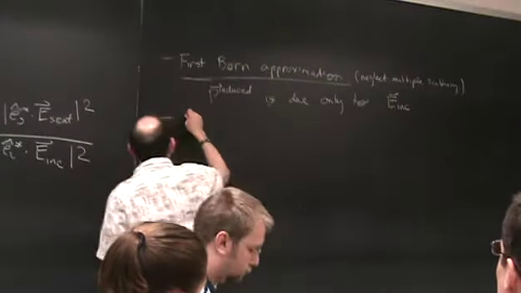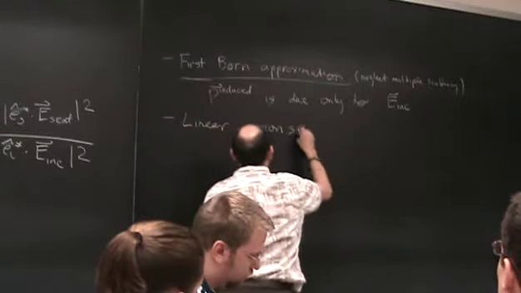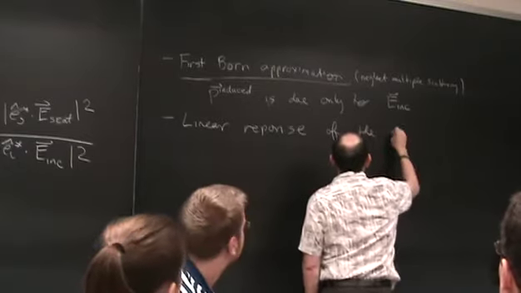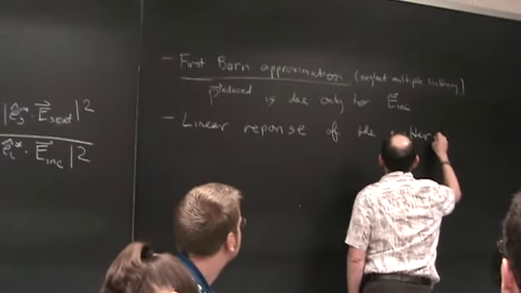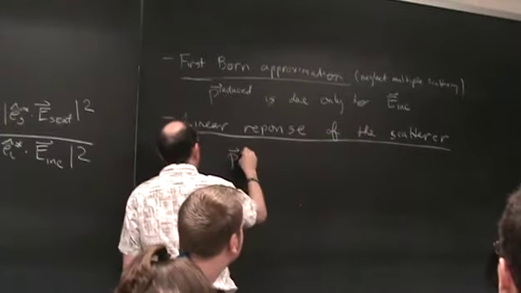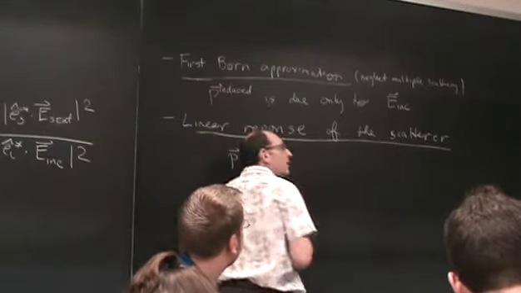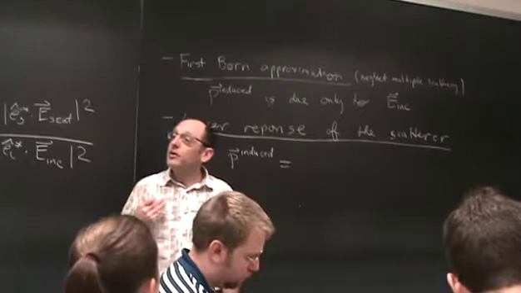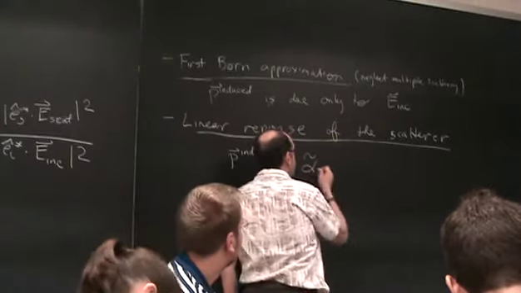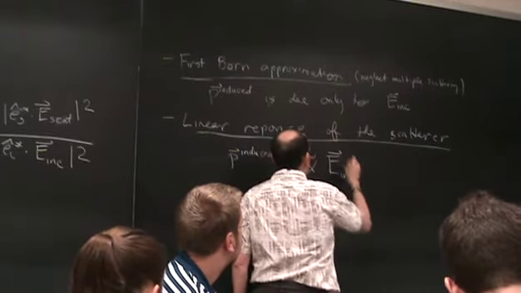The other thing we're going to do is assume a linear response of the scatterer, so that our induced dipole moment will just be what we've studied when we looked at material response: there's some polarizability at whatever frequency times the incident field at the position of the scatterer.